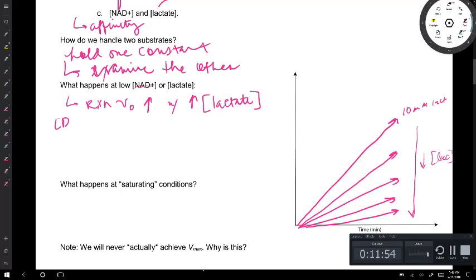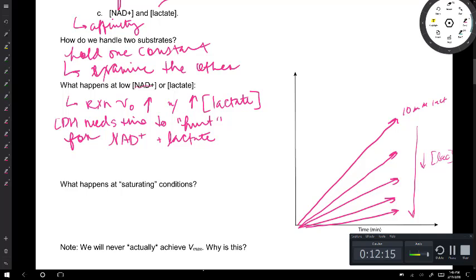And this is because, thinking about this conceptually, LDH needs time to hunt for NAD+ and lactate. When there's not a lot of lactate and NAD+ around, LDH is going to take more time. The harder LDH has to search for its substrate and cofactor, the less substrate and cofactor is available, the slower the rate is going to become.